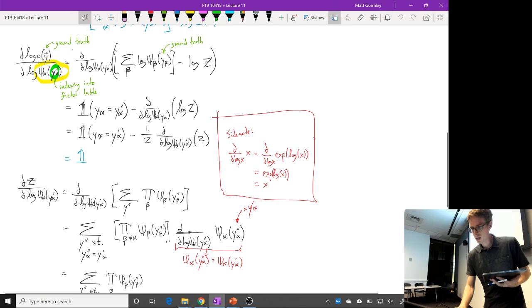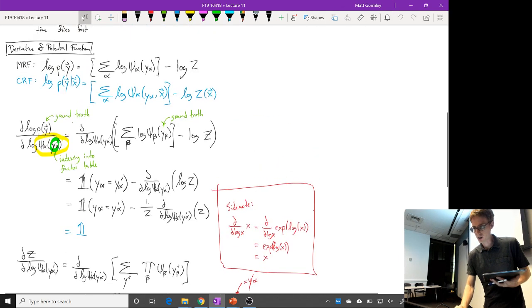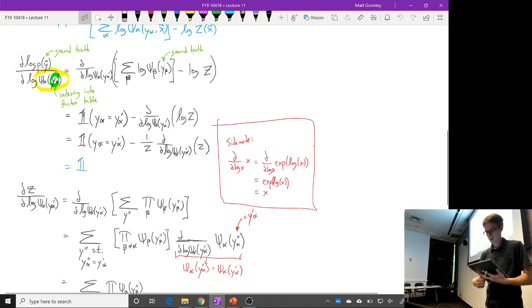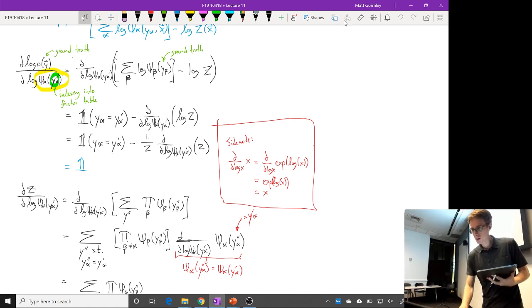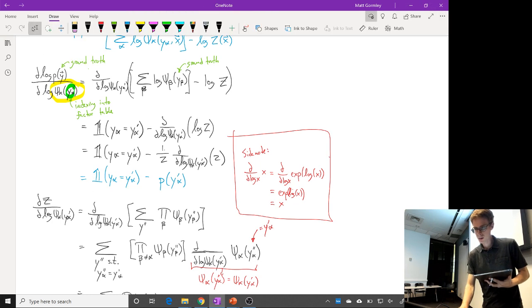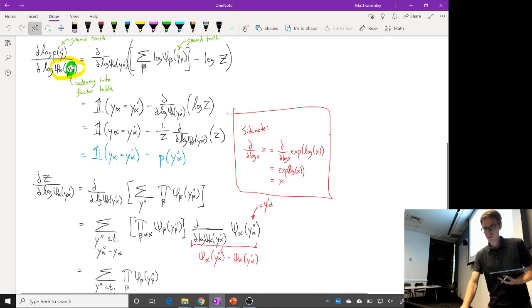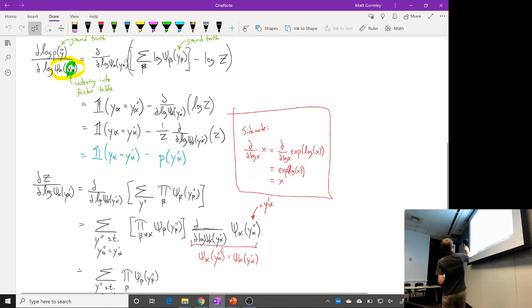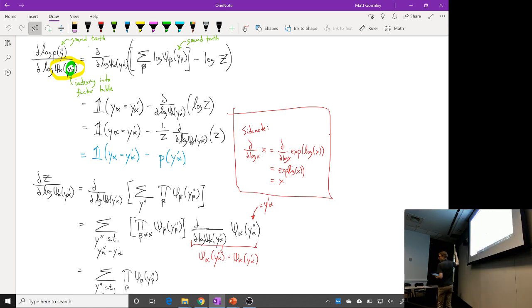And so what we're left with is an indicator function on whether the current cell entry that we're looking at showed up in the numerator of the log likelihood for this training example, minus the marginal probability of the current cell.